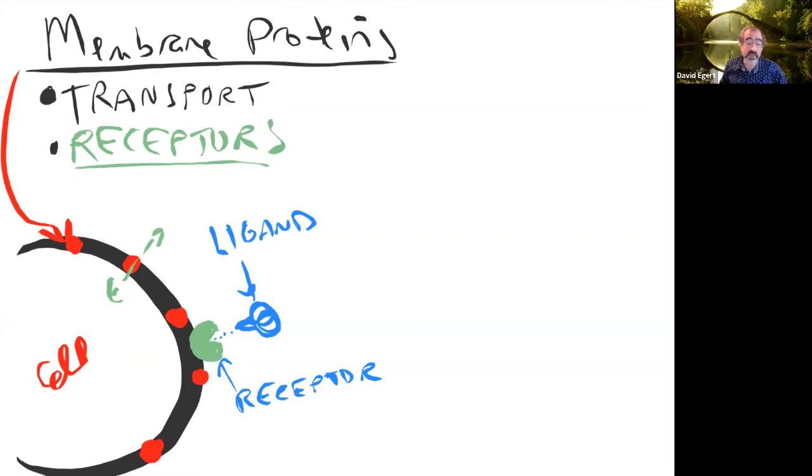Or it might be like your taste bud. Receptor on your taste bud for sugar molecules is how you detect sweetness in your food. It's basically allowing the cell to recognize specific molecules outside. And again, ligand, by definition, is just a signaling molecule.